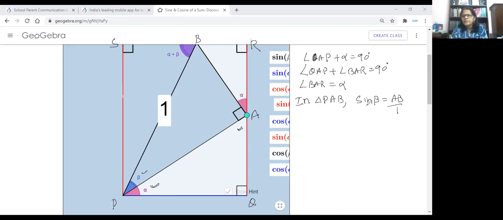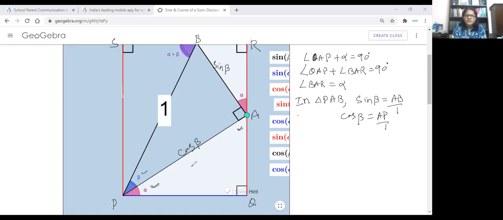So AB equals sin beta. Similarly, in the same triangle, cos beta will be AP by 1, B by H. So AP equals cos beta. So we have the three sides of triangle PAB.